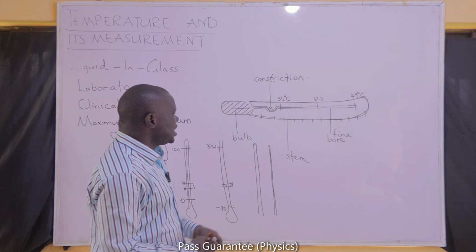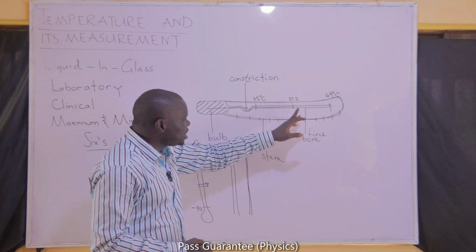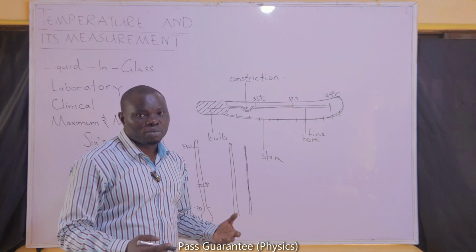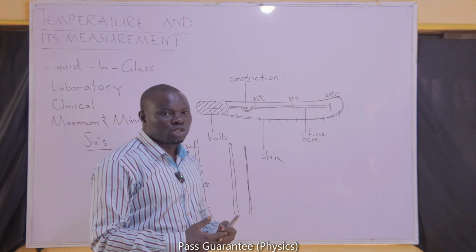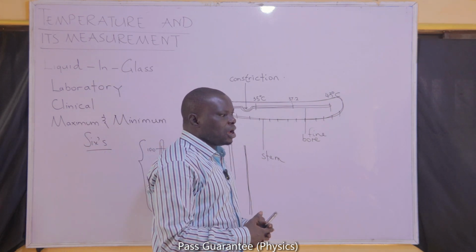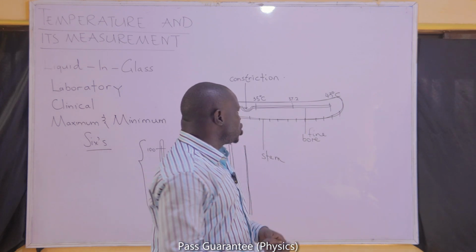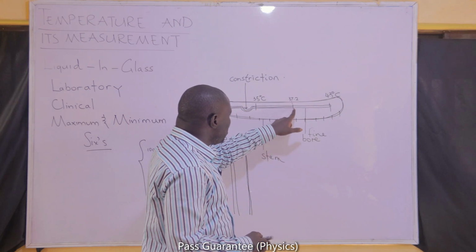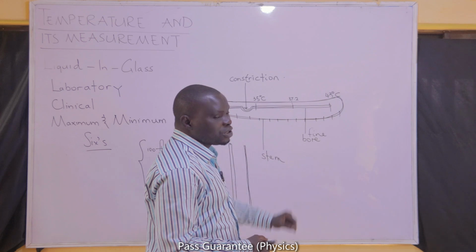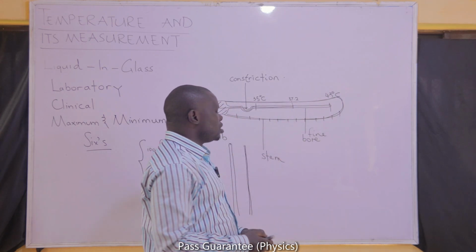But we need the mercury thread to remain at the point where the temperature can be seen for a long period of time, so that it will give the doctor or whoever is measuring your body temperature enough time to make the likely or possible inferences from that temperature measurement. So the constriction enables the mercury thread to remain at the point of the maximum temperature of the body that has been measured without allowing it to go back into the bulb.